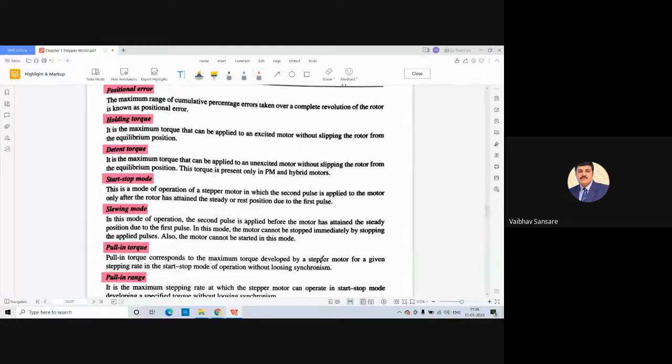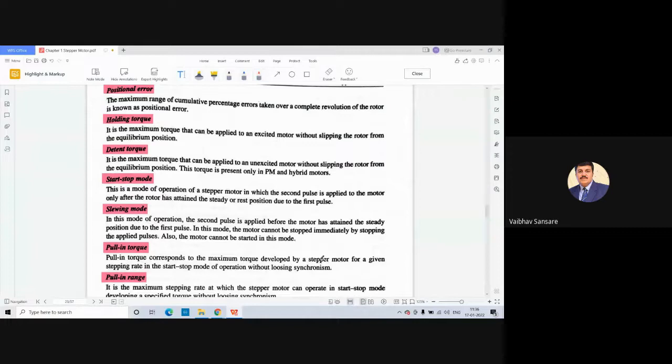So generally, the single phase modes of operation belong to the start-stop mode of operation, because in single phase mode or single pulse mode, we apply a second pulse after the motor attains a steady position due to the first pulse.